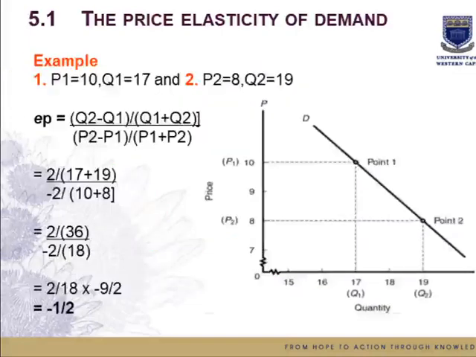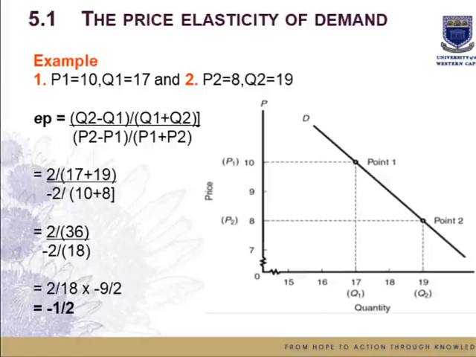Let us conclude the calculation of price elasticity of demand with an example using the arc method. Suppose the price of a product falls from 10 Rand to 8 Rand and quantity demanded increases from 17 to 19 units. Using the midpoint method, the price elasticity of demand is equal to, remember the first thing we do is we should write out our equation, right?